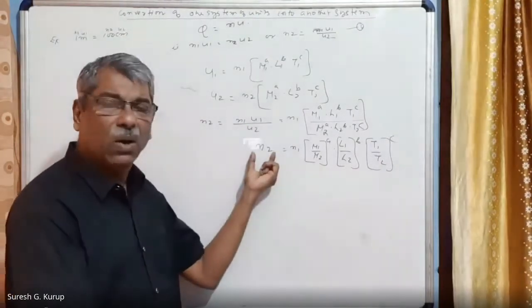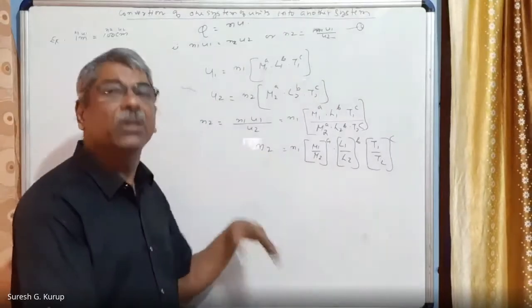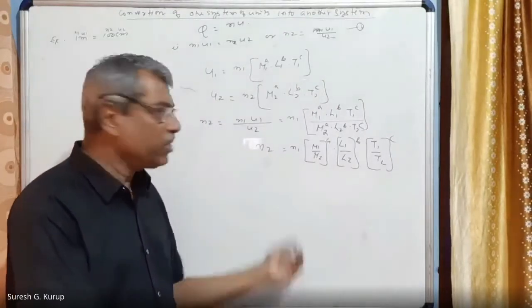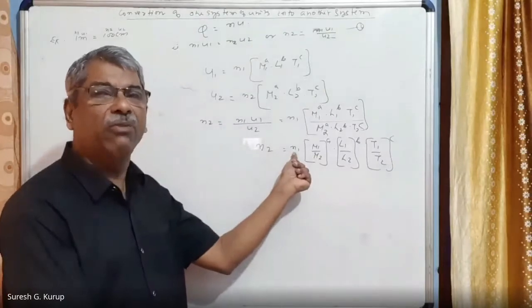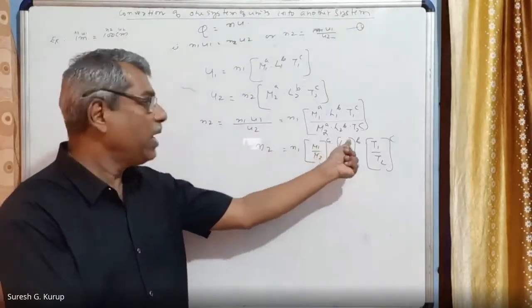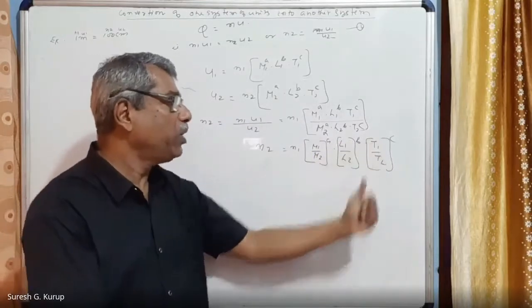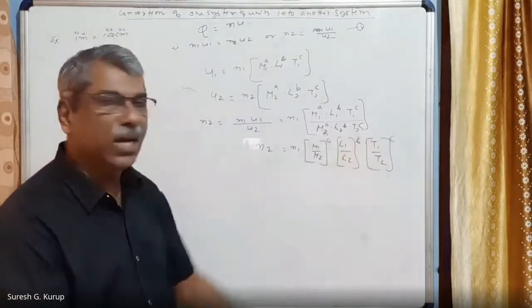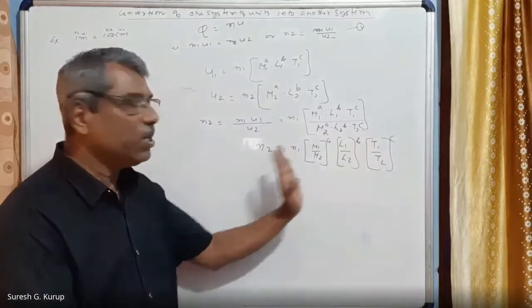The numerical value of the unit in the system to which it is to be converted is equal to the numerical value in the first system into m1 by m2, the whole raised to a, l1 by l2, the whole raised to b, into t1 by t2, the whole raised to c. a, b, c can be obtained. Now remember this formula.